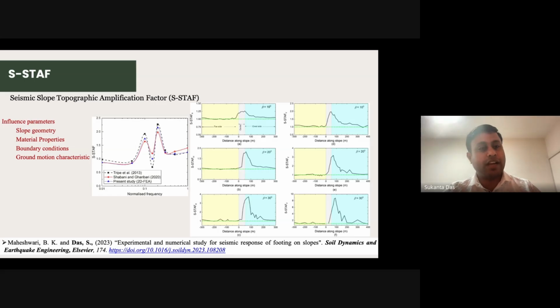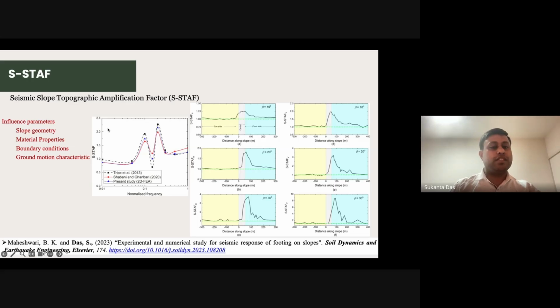First I tried to follow them, like one researcher, Asimaki from MIT, and Tripp et al. from Austin, Texas. They made a great effort to identify the topographic amplification, so I first tried to compare our model with their reported results. This is a normalized frequency, slope height divided by wavelength.